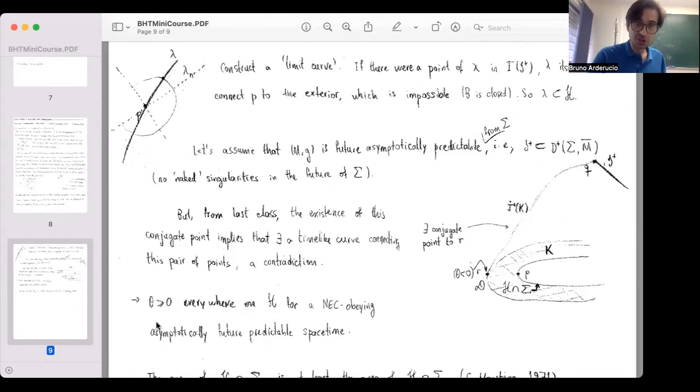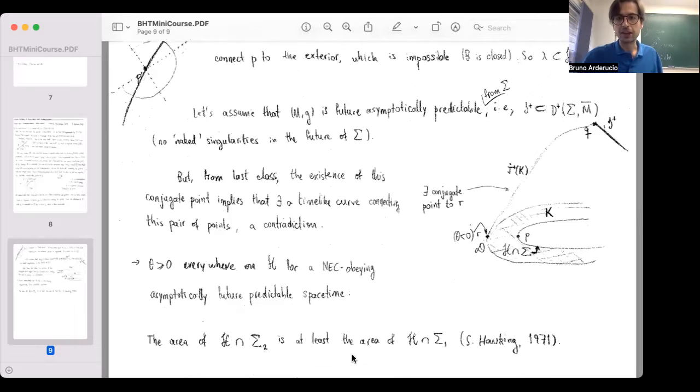Further assuming that the space-time obeys the null energy condition everywhere, and it's asymptotically future predictable from a partial Cauchy surface sigma, what do we have? We have not one Cauchy surface, but two. Sigma 2 is in the future of sigma 1. So every null generator of sigma 1 has to cross sigma 2, because the generators stay in the horizon.